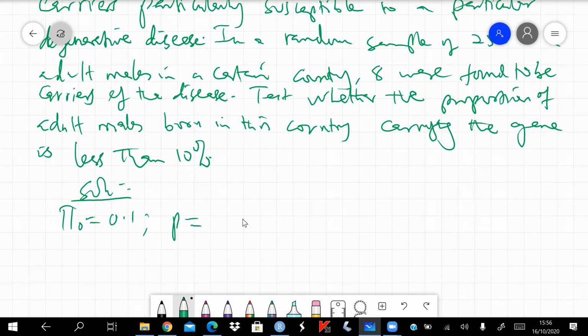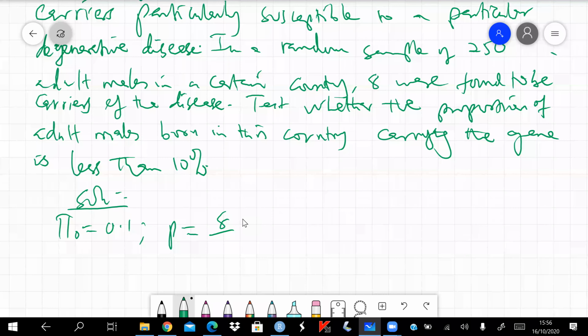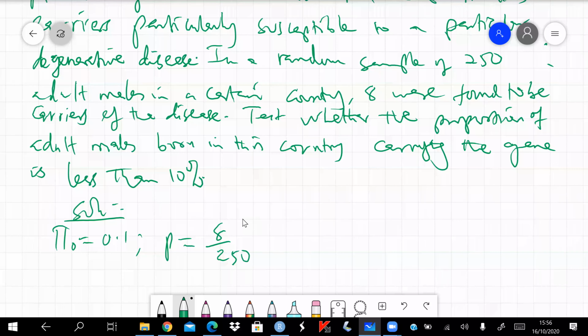So p we can get as 8 out of how many were sampled. Clearly your n is 250. So proceed from there. Then our X is 8. So that's what we have. You can use the steps that we have shown in the previous example to answer that question.